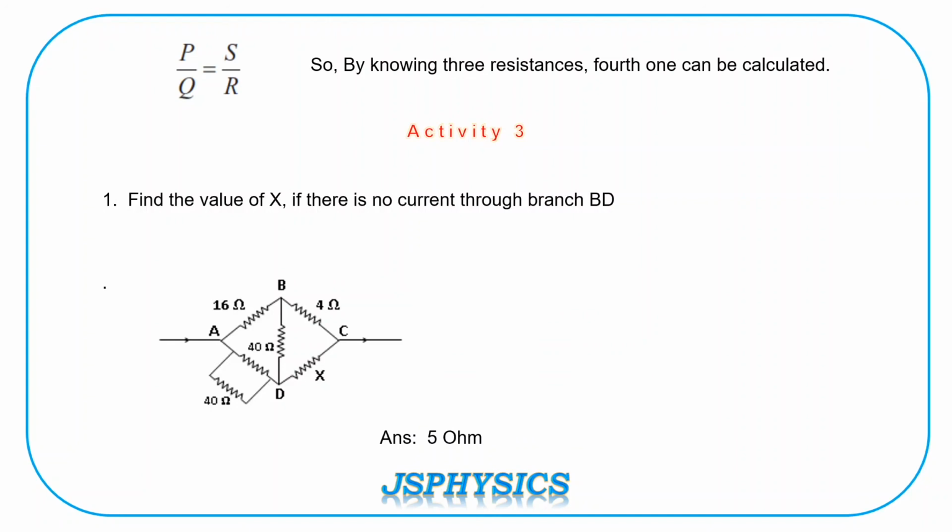That means now you can apply our condition of balanced Wheatstone's bridge. So you can write 16 by 4 is equal to Rp by X, where Rp is the effective resistance of 40 and 40 in parallel. So by simple calculation, you'll be able to get the answer of 5 ohms. So this is the application or calculation done by using Wheatstone's bridge.